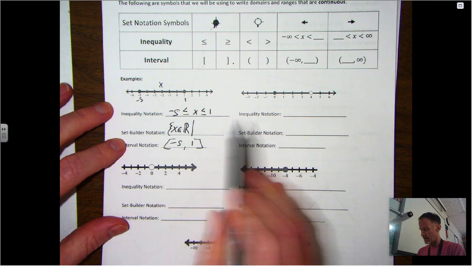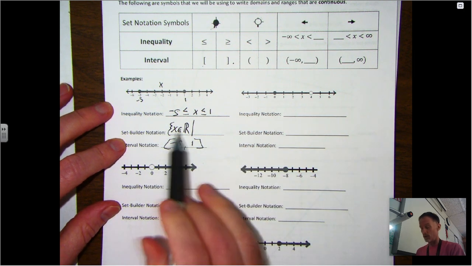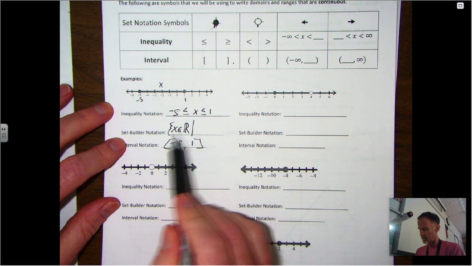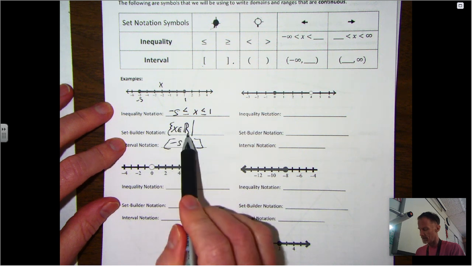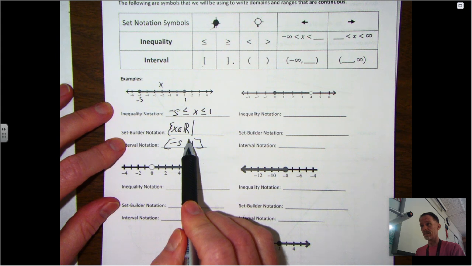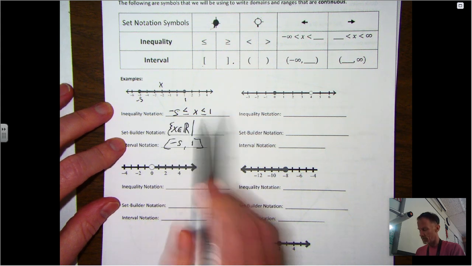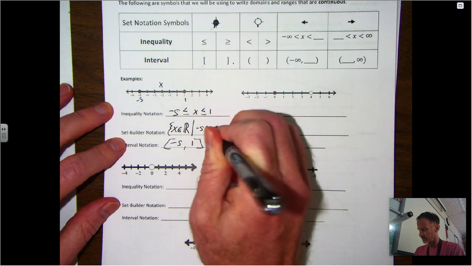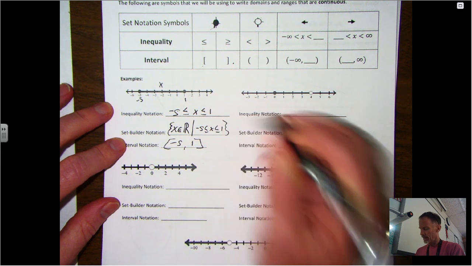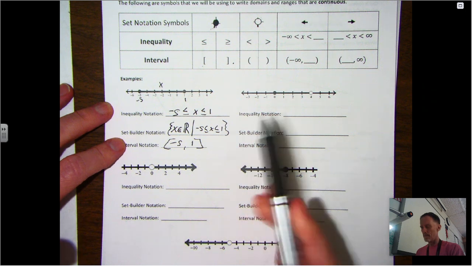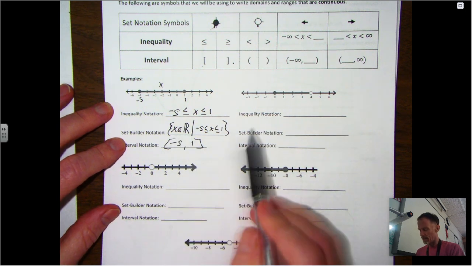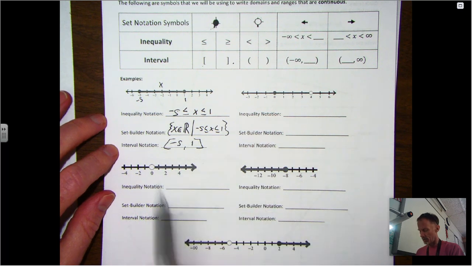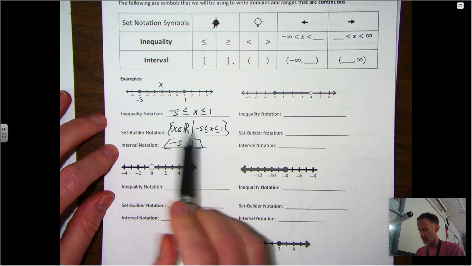So every single one of these for set notation is going to start in that same way: squiggly bracket, x, element of real numbers, such that. And then once you have that, you just do the inequality notation. It's the same thing. Sometimes, in upper level math, you might see this change a little bit, but in Algebra 2 land, the first part of all of these set builders is going to be x element of real numbers.